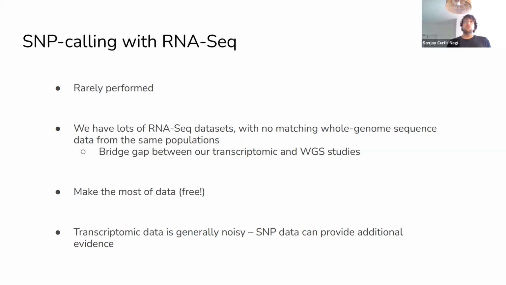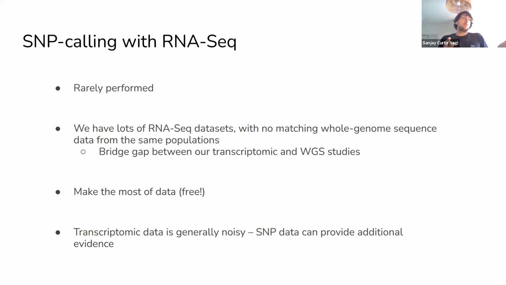Often we also have no matching whole genome sequencing data from the same populations or cohorts. By actually using the sequence data within our RNA-seq data, it can really help us bridge the gap between our transcriptomic studies and the whole genome sequencing studies that we're doing, the kind of data that you have already been analyzing in the first 4 workshops.